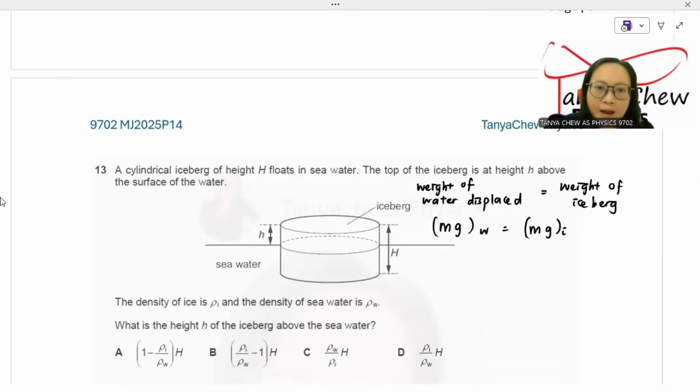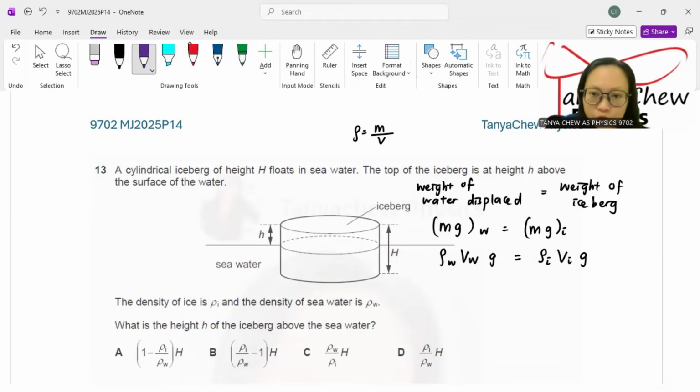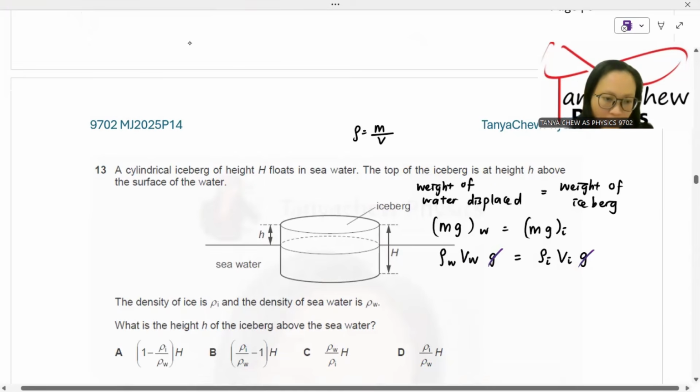Now, I'm going to use density is equal to mass over volume. Mass is density of the water times volume of the water times g, equal to density of the ice times volume of the ice times g. Now, I want to cancel the g first. g and g cancel off.